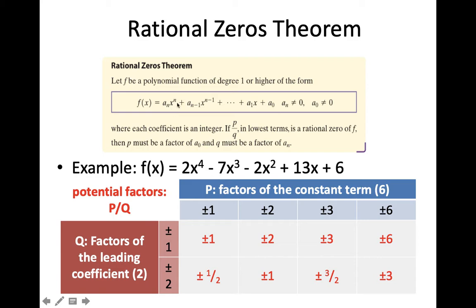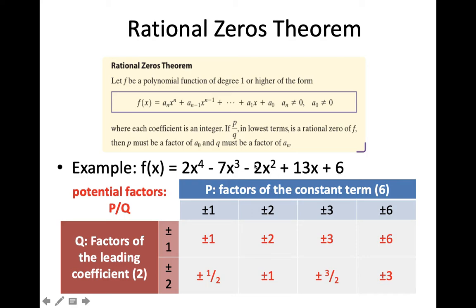So the maximum term is this one, and this is called the leading coefficient. Why is it leading? Because of this power, not the number. Look at this: 2x to the power 4 and so on. You see this is the maximum power. So 2 is the leading coefficient and 6 is the constant term.